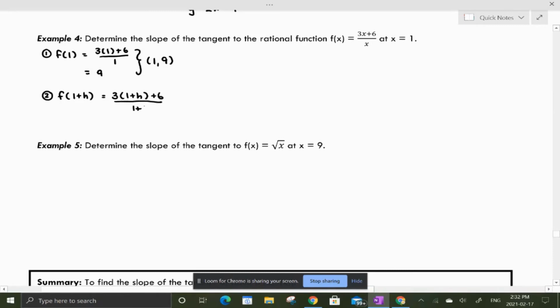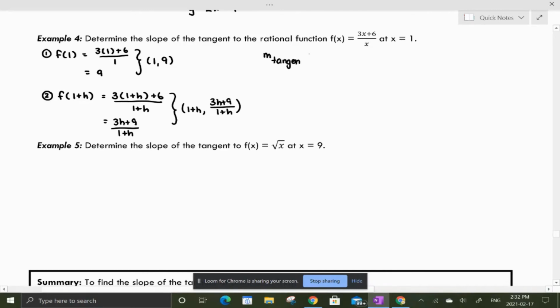If I expand and simplify my numerator, collect like terms, I'm going to end up getting 3h plus 9 over 1 plus h. So your second point is really going to be 1 plus h and then 3h plus 9 over 1 plus h. So I've gotten my two points to help me figure out the slope of my tangent now.